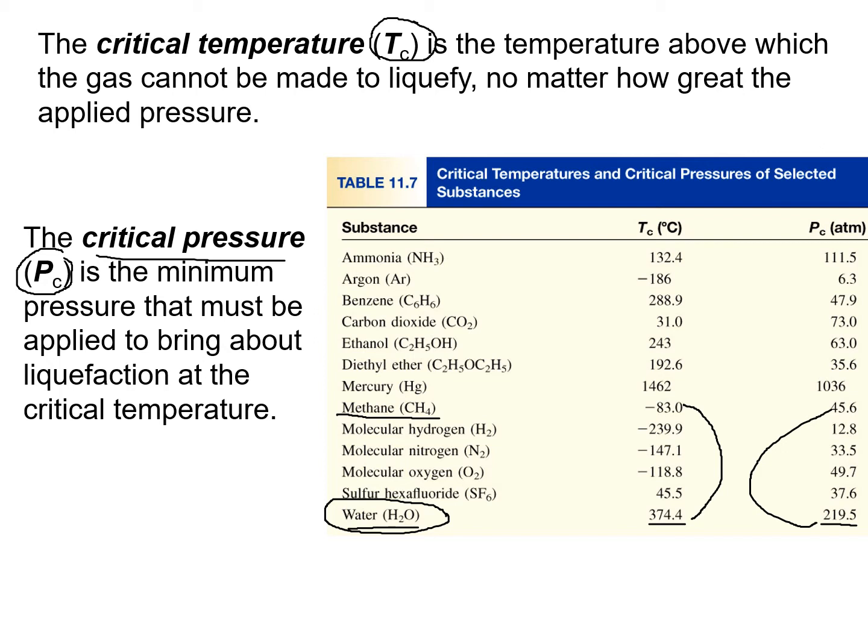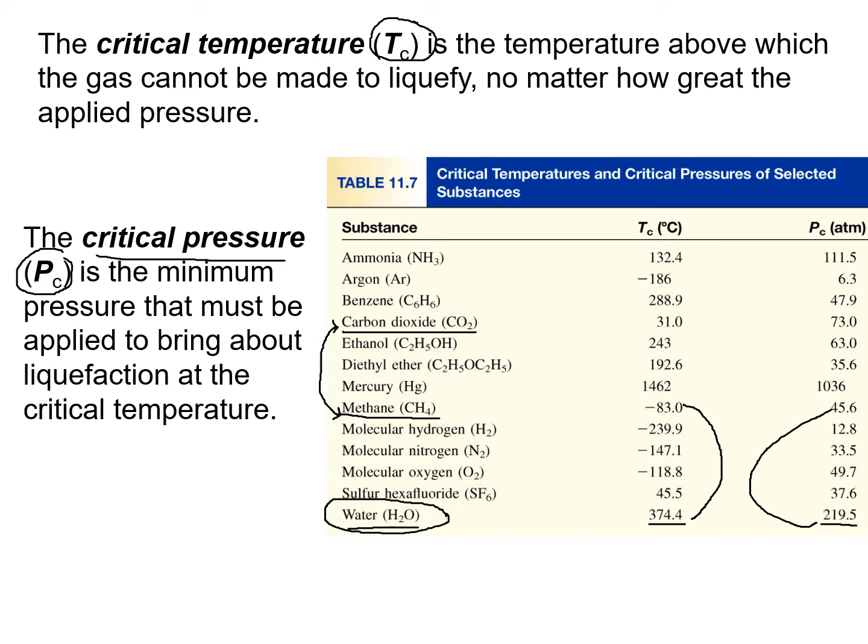Oh, we could compare one more here. Let's compare carbon dioxide. So methane again is nonpolar. Carbon dioxide is also nonpolar. So let's compare these two nonpolar molecules, both of which would have only dispersion forces.